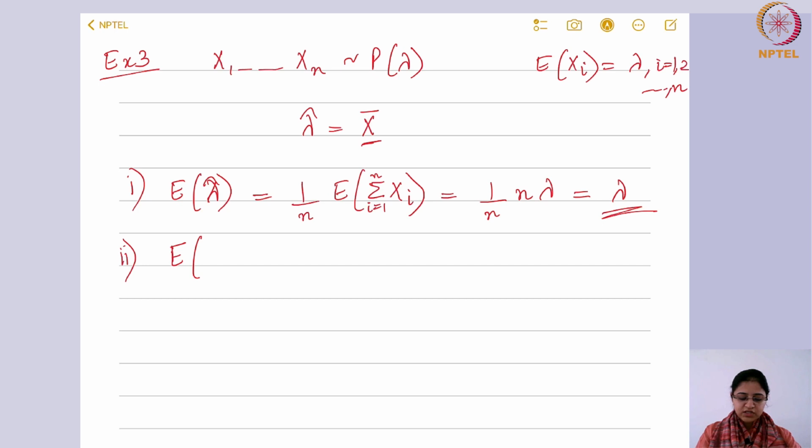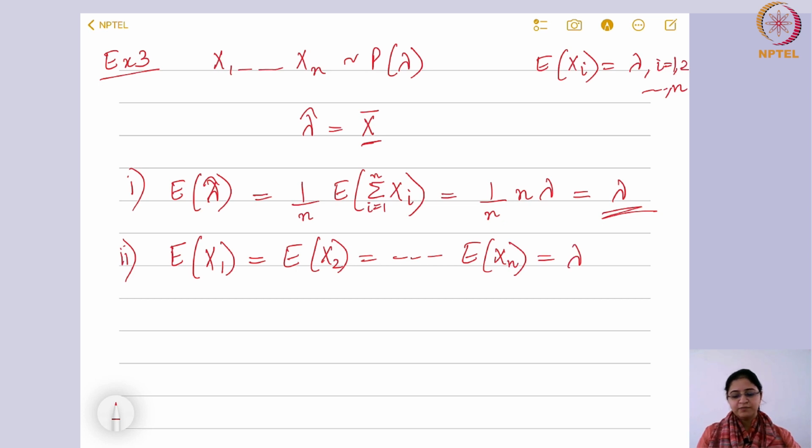Here it is very easy to see that if I take the expectation of X1, or the expectation of X2, and so on up till Xn, each of them has the same expectation, that is lambda, because they are all coming from a Poisson distribution. So it means that each of these Xi's is also an unbiased estimator for us.